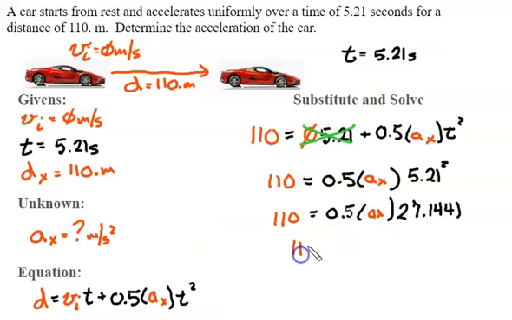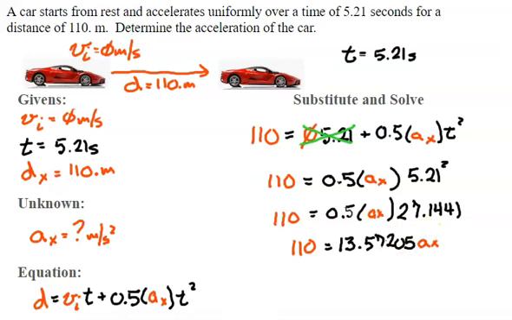And then 110 equals, when I multiply that by 0.5, I get the number 13.5722205 times acceleration.